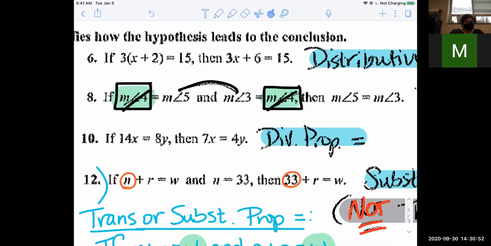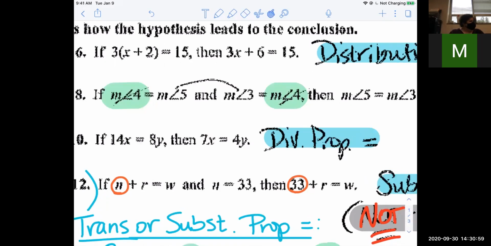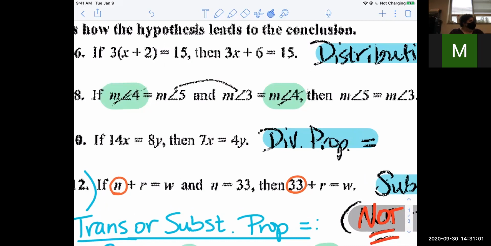Can anybody explain to me why number 8 could be thought of as substitution? Number 8. Diamond already answered something. I want somebody else to talk to me. And actually, Blair already answered the question too. Oh, you did. See, I would answer, but I don't know.